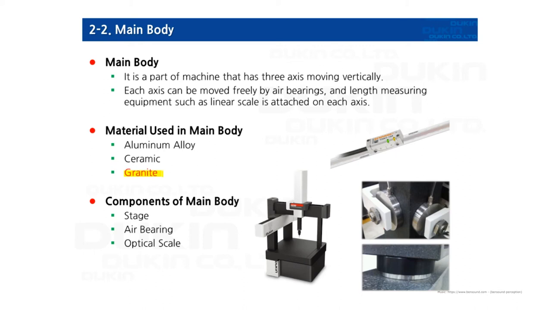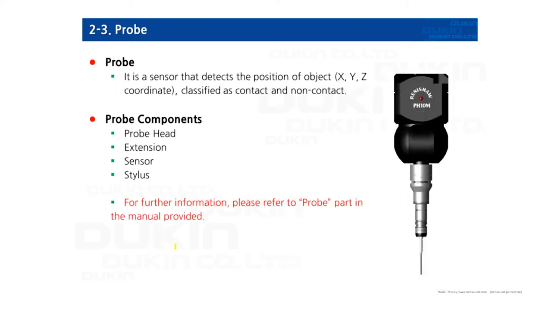And also, each axis is operated by air bearings and motors, with optical scales attached on each axis as well. And second, the probe. It is a sensor that detects the position of objects in a space, and is classified as contact and non-contact probes. We're going to look at the details of probe components later.